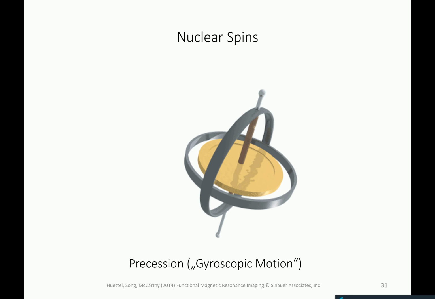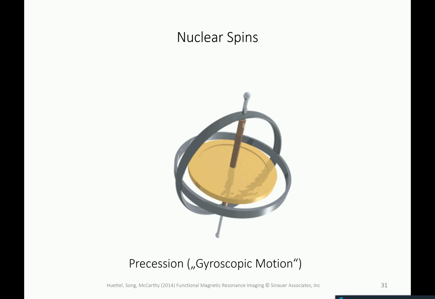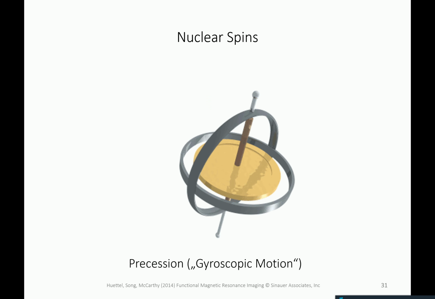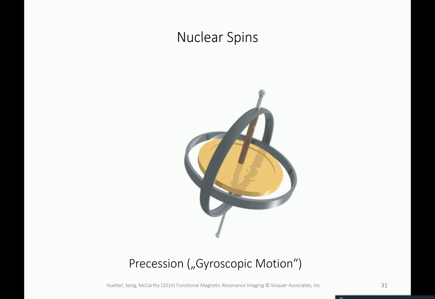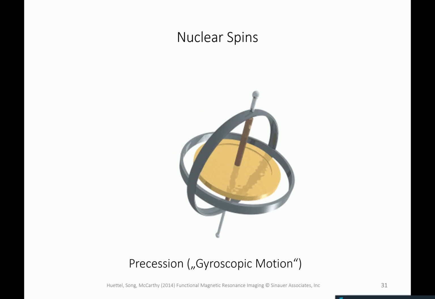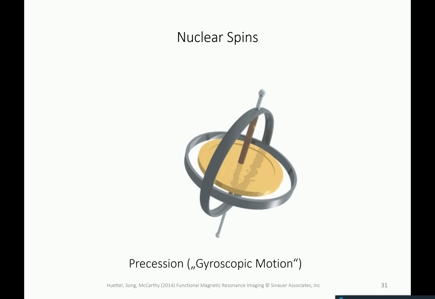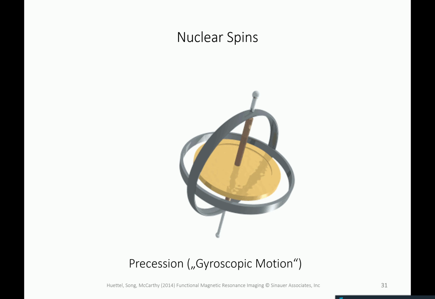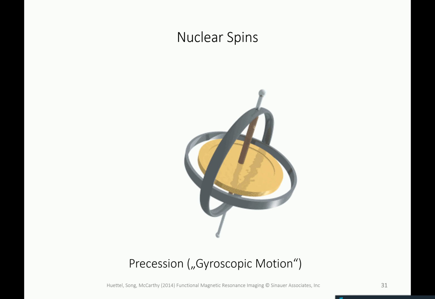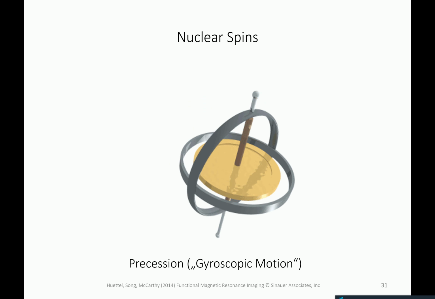So one can quantitatively describe it, but that doesn't really change the intuition. So this movement of the top and of the whole thing around the gravitational field axis, created by the gravitational field and the movement of the thing about its own axis, that's precession.